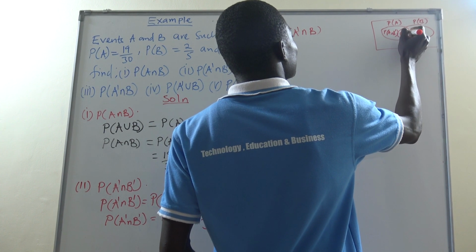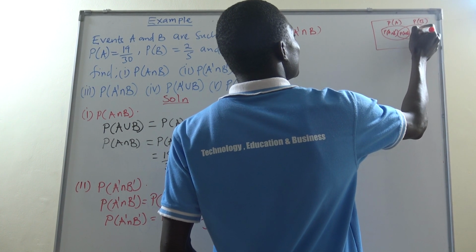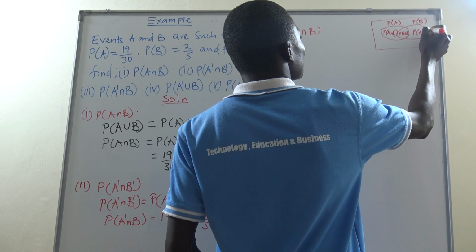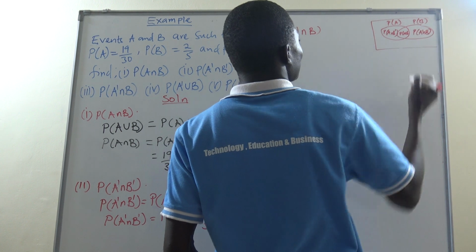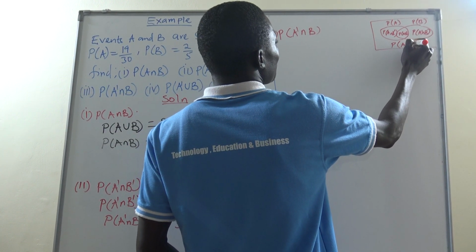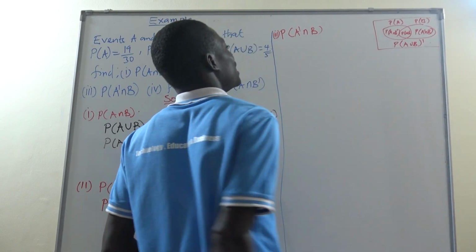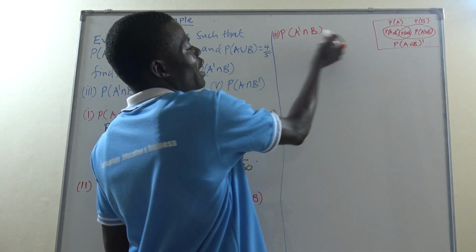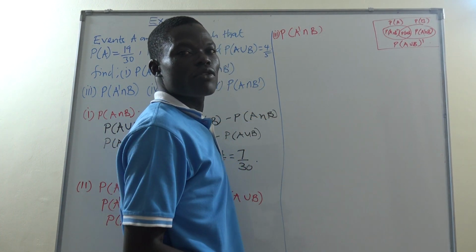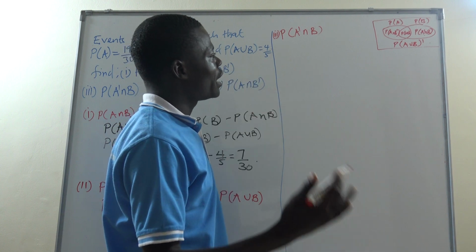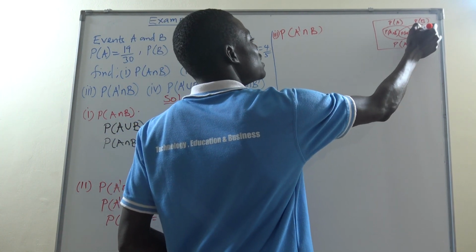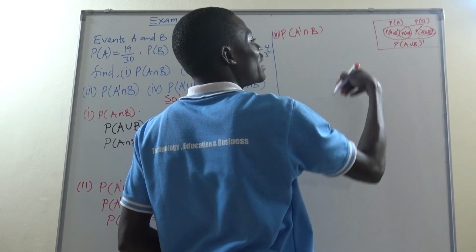This one is probability of A intersection B. Then this one is probability of A complement intersection B, and this one will be probability of A union B complement. So we need probability of A complement intersection B. Where do we get probability of A complement intersection B? So probability of A complement intersection B is this one. But where can we get it from?